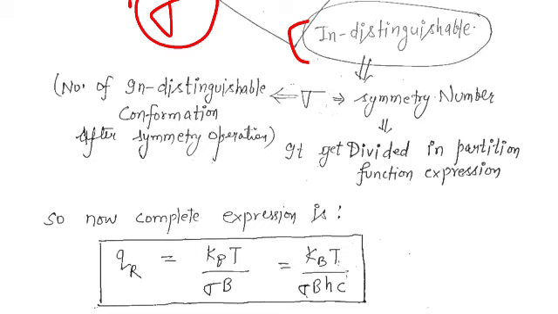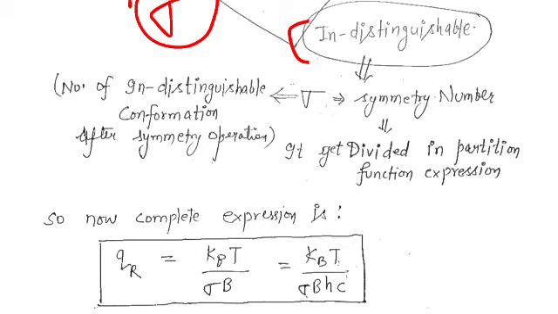For the molecule, if two or more conformations are possible which are indistinguishable, there should be one factor which covers this rotation, because these rotations are indistinguishable. So we will have to have something which covers this indistinguishability.